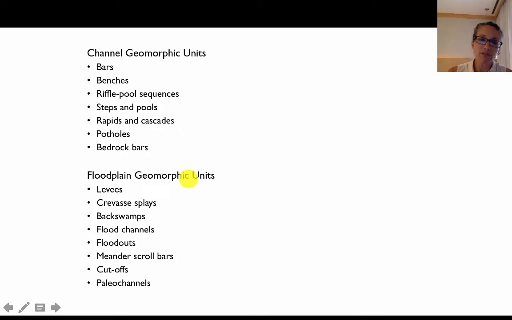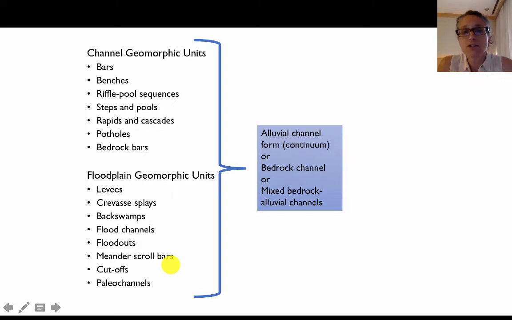We can also get subchannel-size features on floodplains, and we'll talk a little bit about levees, crevasse splays, and meander scroll bars and cutoffs. So all of these are geomorphic units that can make up the form of an alluvial channel or a bedrock channel or a mixed bedrock-alluvial channel.